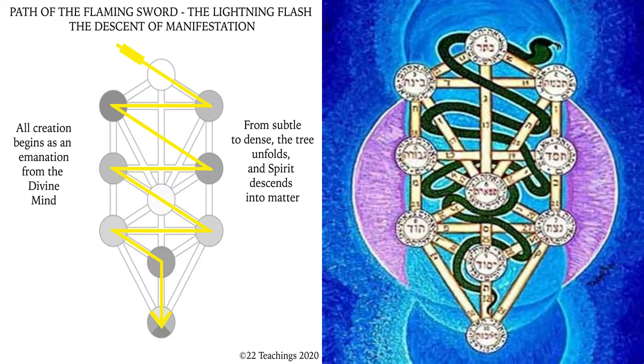And the path of the serpent meanders its way upward the tree. It represents the ascent, the human spiritual journey or psychological journey or mythological journey, if you will, back up the tree from Malkut, the world, toward reunion with the divine.